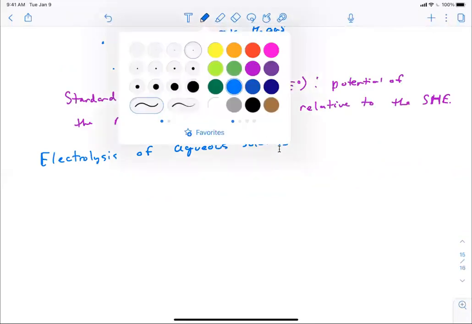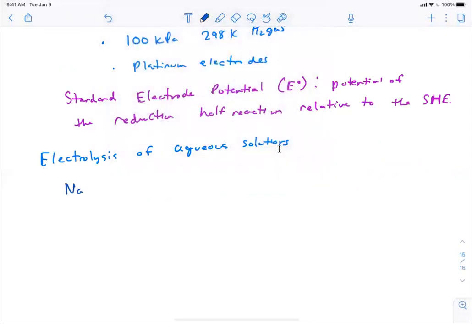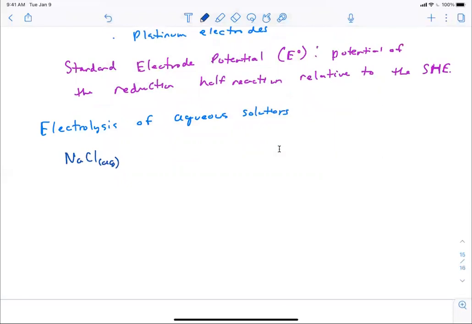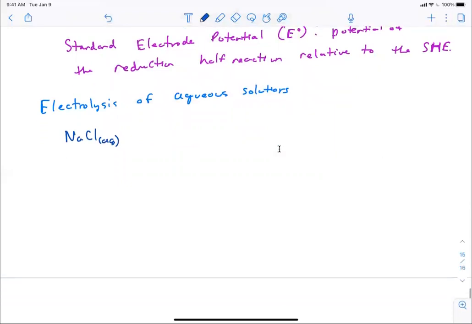So we have NaCl aqueous, okay? And you need to know that water's competing here. And so you might have the reduction of water, and you might have the oxidation of water.